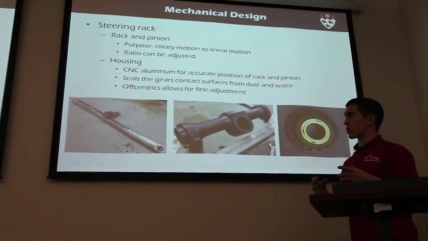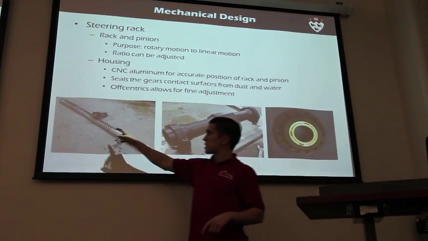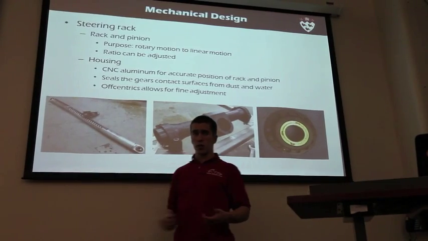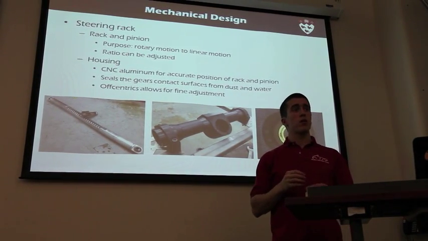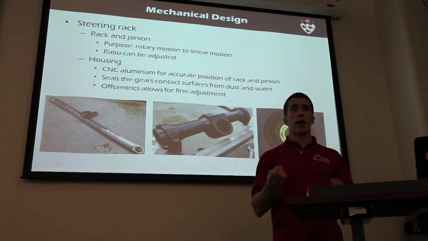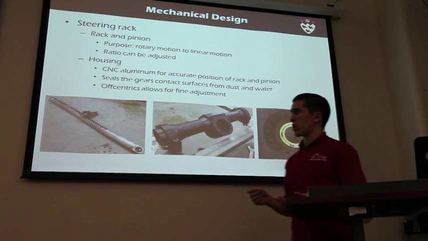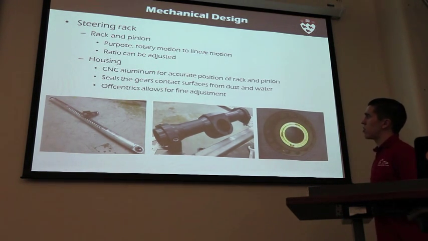However, that part goes right here and it basically adjusts the distance between the pinion and the rack. So that allows you to make a very fine adjustment between the distance of the rack and the pinion. So that is simply to minimize the backlash and not have any binding in the system. So that's basically how the lower part of the steering system is assembled.